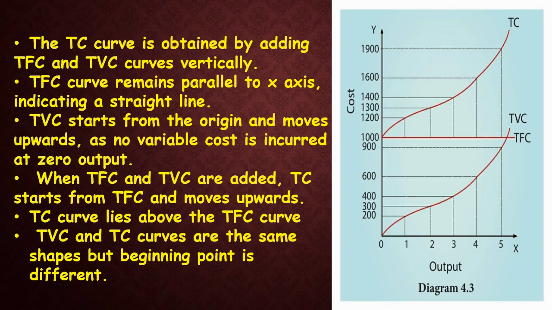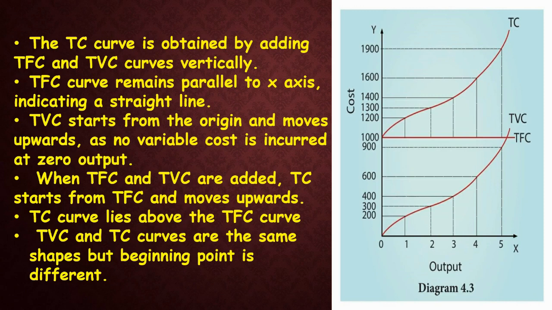When TFC and TVC are added, TC starts from the TFC level and moves upward. The TC curve lies above the TVC curve, thus TVC and TC curves are the same shape. From the beginning point, it is different.